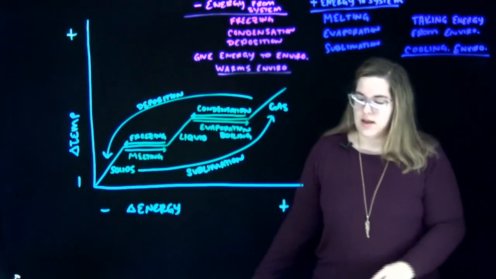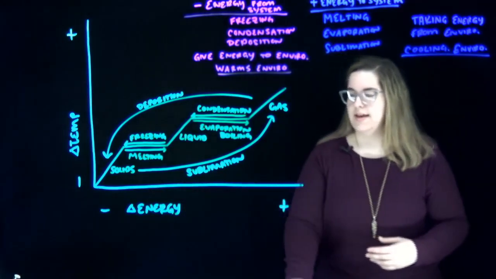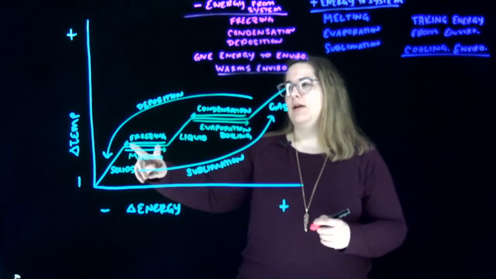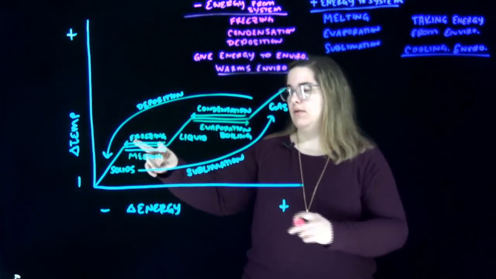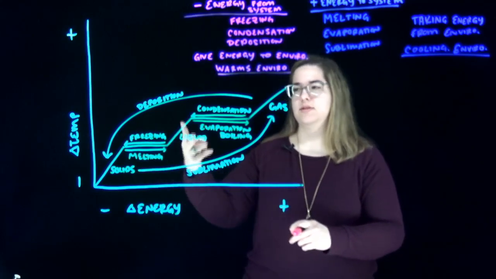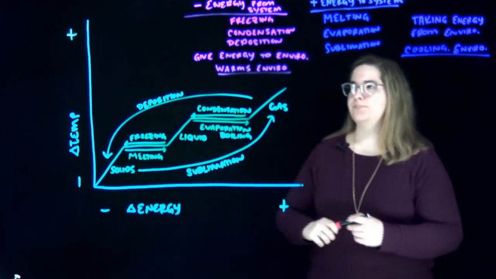So in our latent heat graph that we have here, what we're really looking at is the latent heat of fusion. We're fusing things into a solid or removing them from their fused state. And the latent heat of vaporization over here.